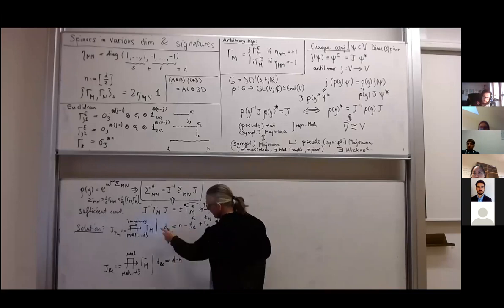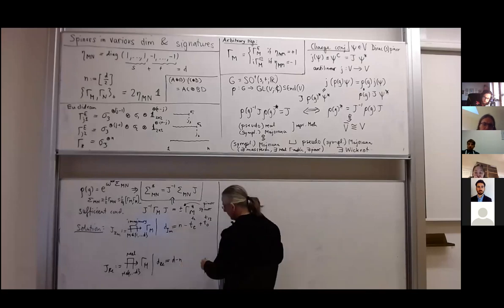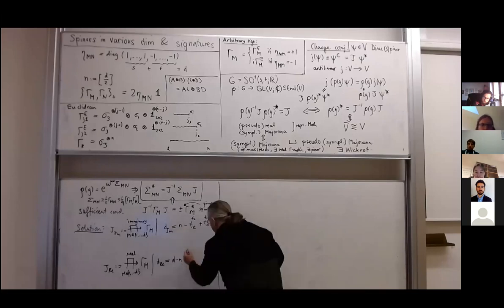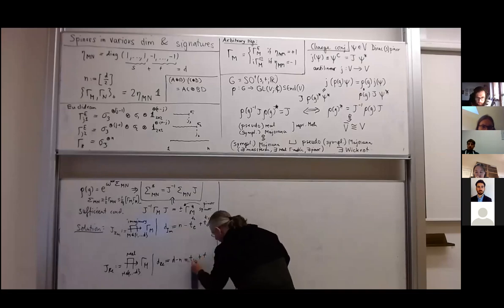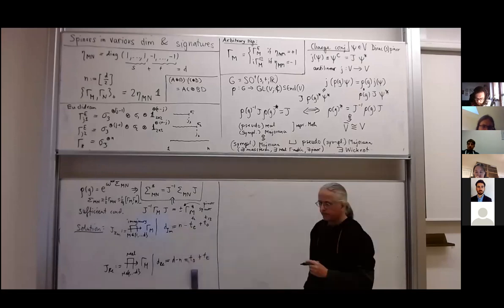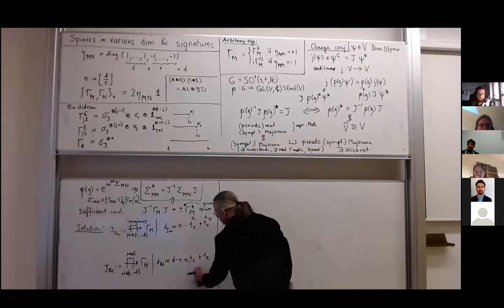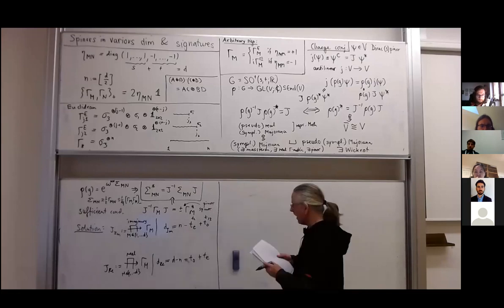If they're not imaginary, they're real. So therefore, it's d minus n here. But then we have to make this in the opposite order. So now we have to subtract the T odd, and then we have to add the T even. This is supposed to be odd, and then T even. Does that make sense? So that is so much for how many of these matrices we have.